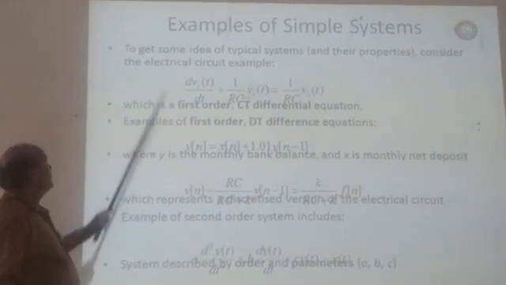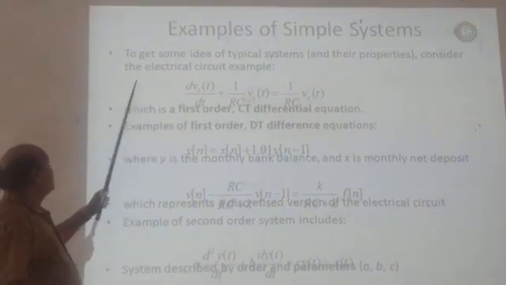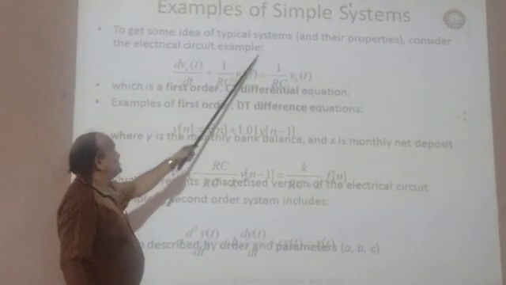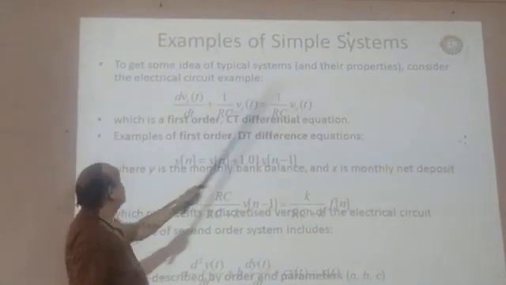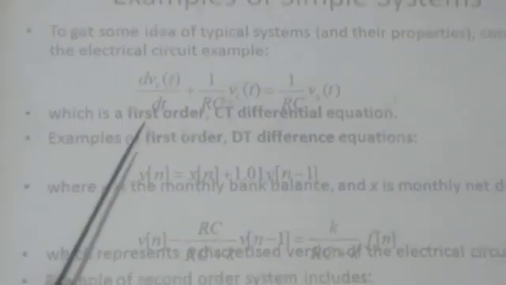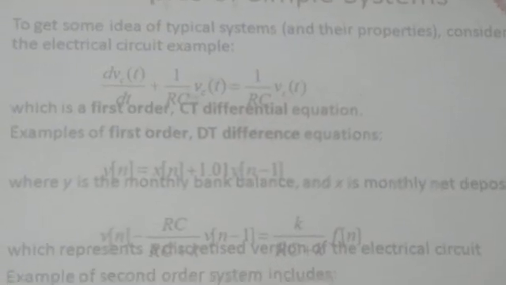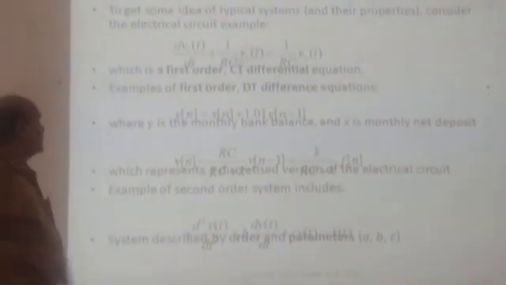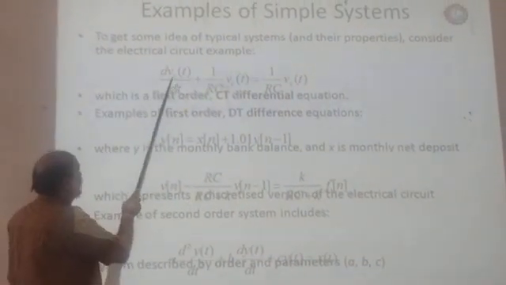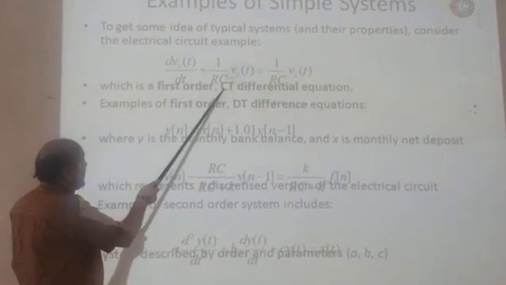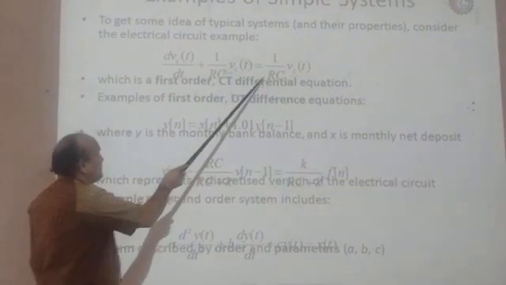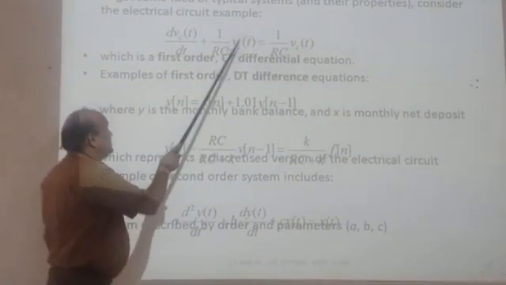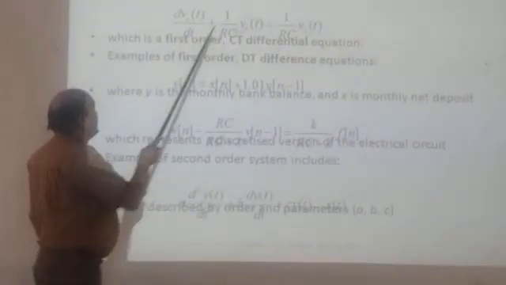Here are examples of simple systems to get some idea of typical systems and their properties. Consider the electrical circuit example. This is the differential equation of the RC circuit: d by dt of Vc of t plus 1 upon RC Vc of t is equal to 1 upon RC Vs of t, where Vs is the input signal and Vc is the voltage across the capacitor.